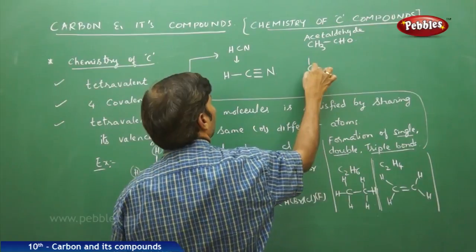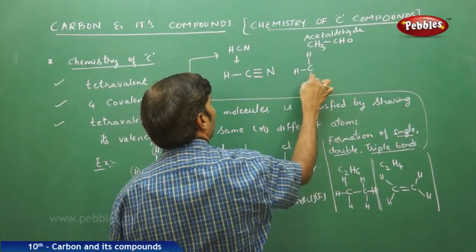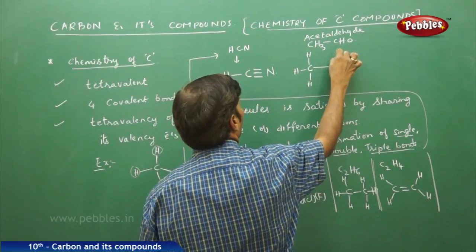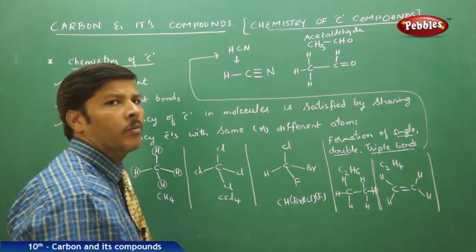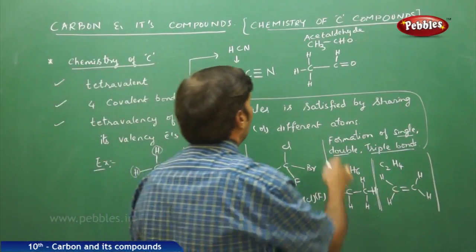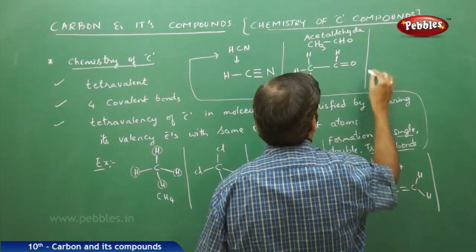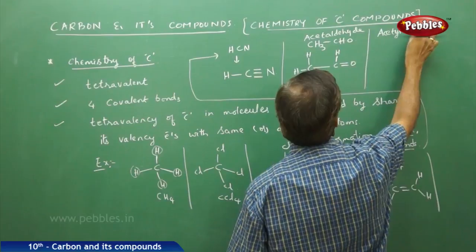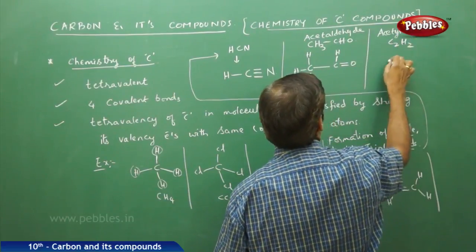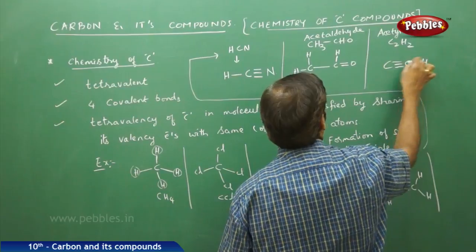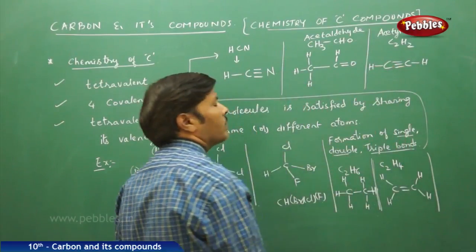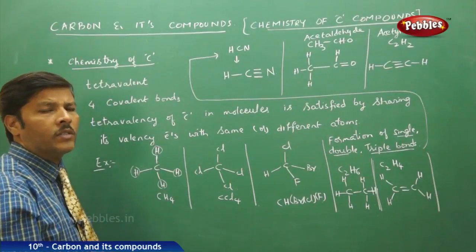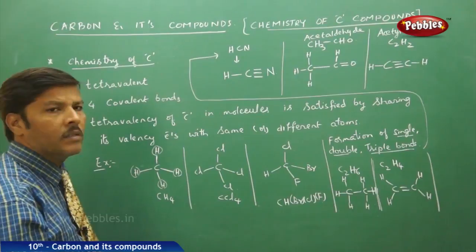With hydrogens it forms single bonds, with carbon and oxygen it forms a double bond, and again with hydrogen a single bond. A triple bond can also be expected between the 2 carbons, that is acetylene, C2H2, with a single bond between carbon and hydrogen. All these molecules we are discussing as examples are just to prove that carbon is tetravalent in nature.